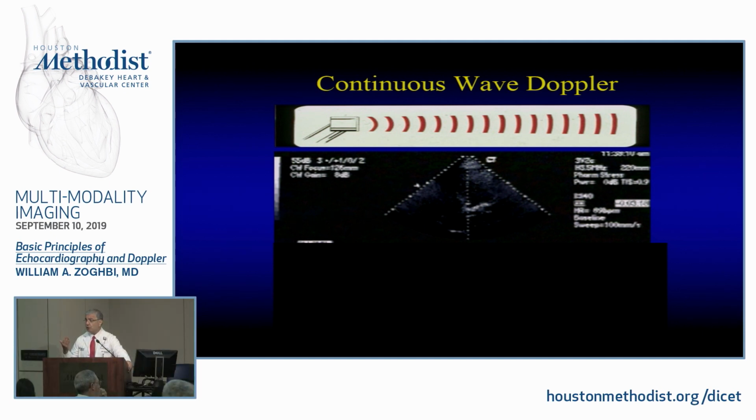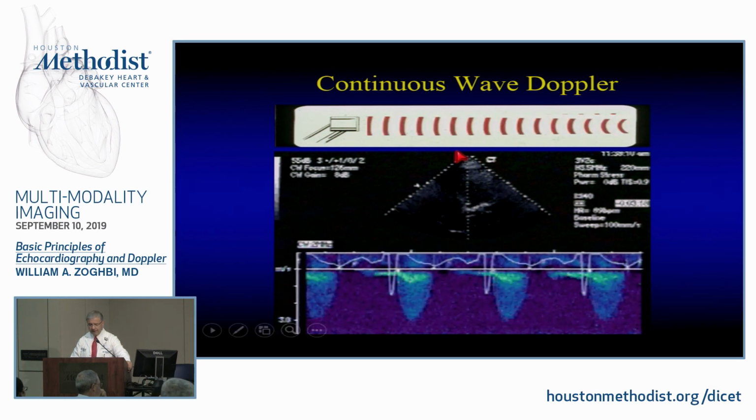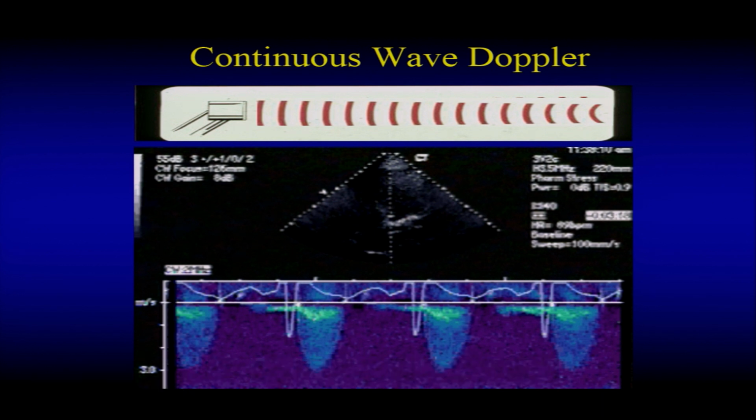What you gain is I can resolve very high velocities. What you lose is the range gating, meaning anything along this line will be detected, and the highest velocity will be the one that's detected. So let's say this aortic stenosis with the high velocity here.